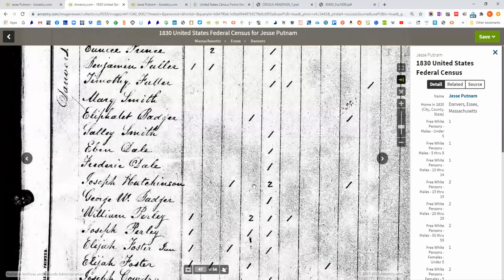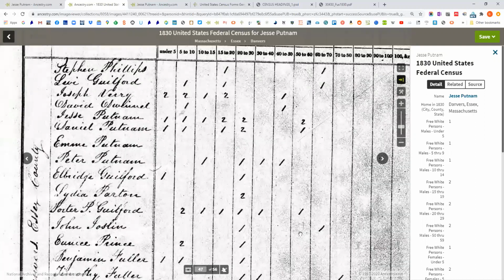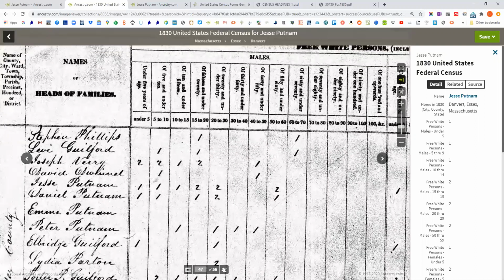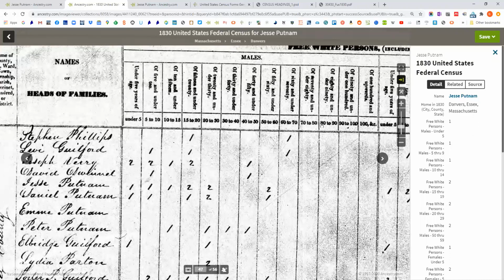But again, you get this data, and you'll notice they've really gone from, they're still breaking down kids in 5-year increments, and then adults in 10-year increments.